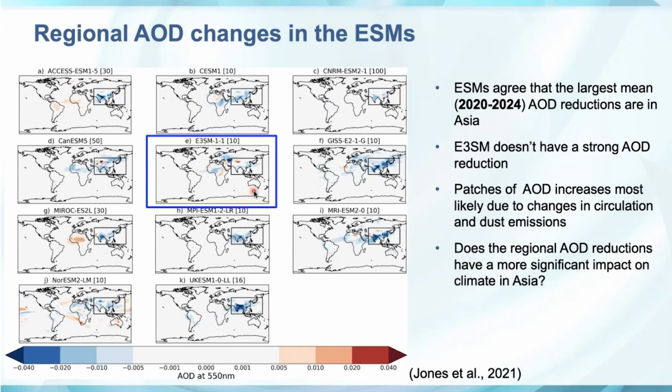Those are most likely due to changes in circulation and wind, which cause dust emission changes. And the question is, does the stronger regional AOD reduction have a more significant impact on climate in Asia?